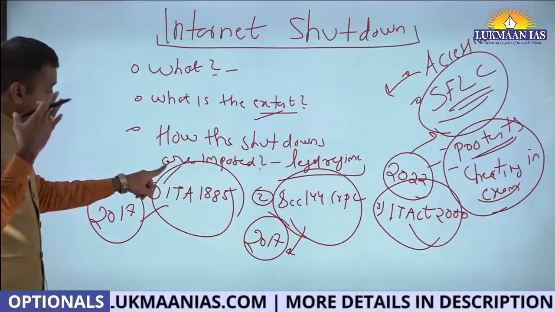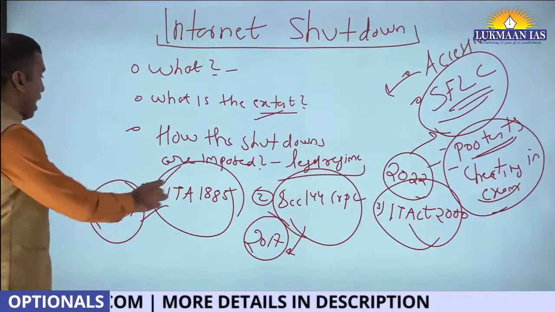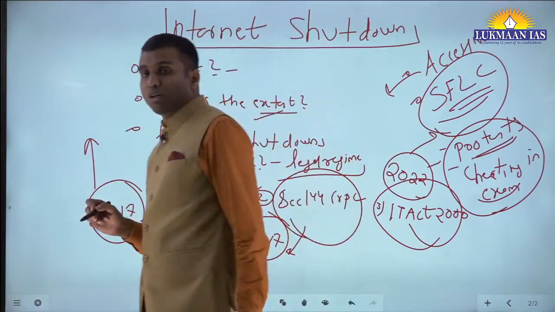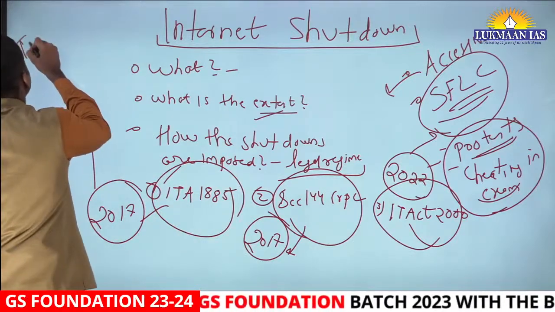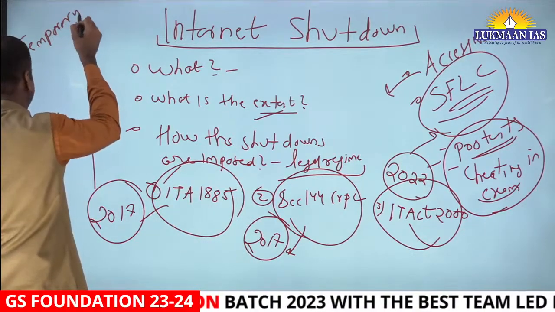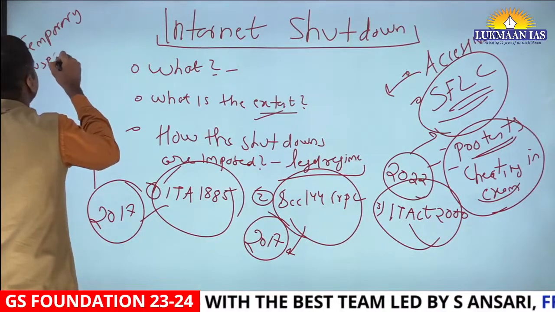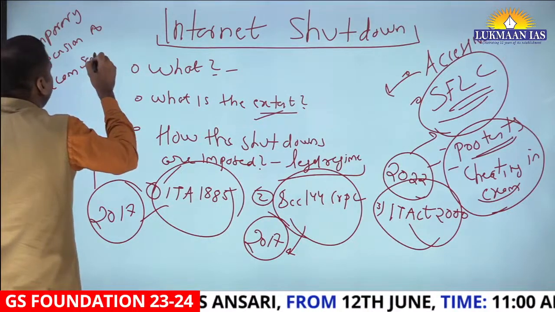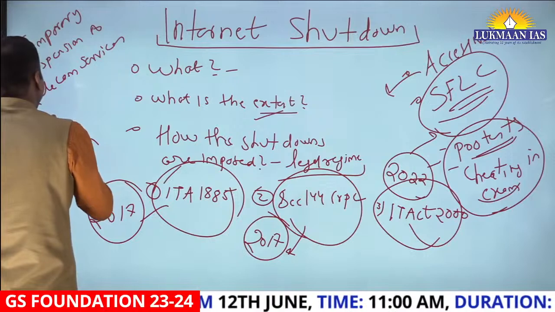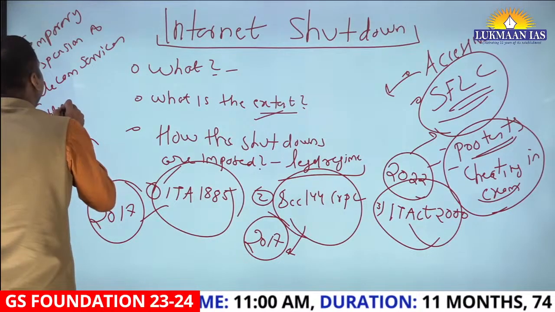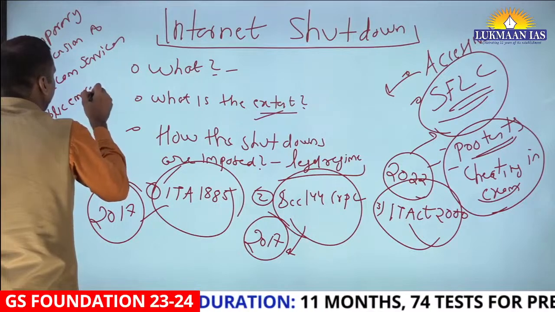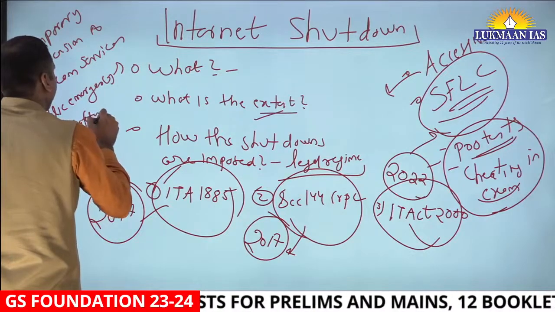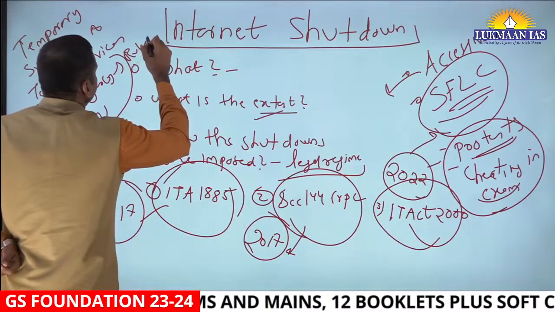what is this? Indian Telegraph Act 1885. Under this, the Union government formulated what? Rules. Which rules? Temporary Suspension of Telecom Services, Public Emergency and Public Safety Rules 2017.